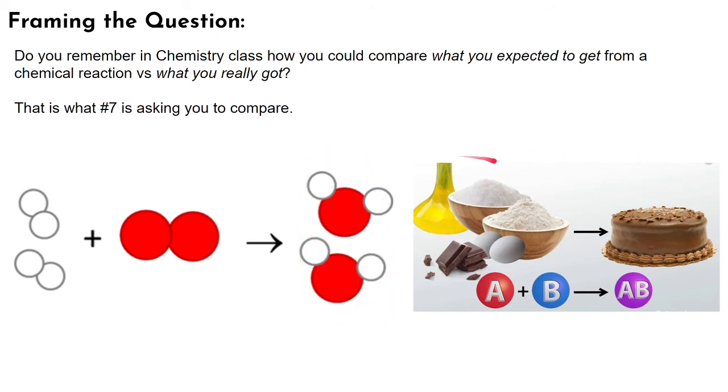Or in a more real-world example, if you start with certain ingredients to make one cake, you expect that you can make one cake, right? If you don't have enough ingredients for 2 cakes, you can't make 2 cakes, right? So we're comparing what you expect to get versus what you really got. That's what number 7 is asking, just for a physics problem.